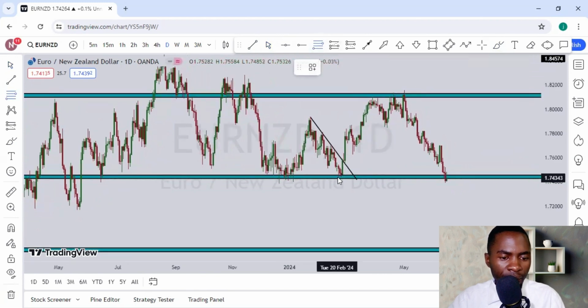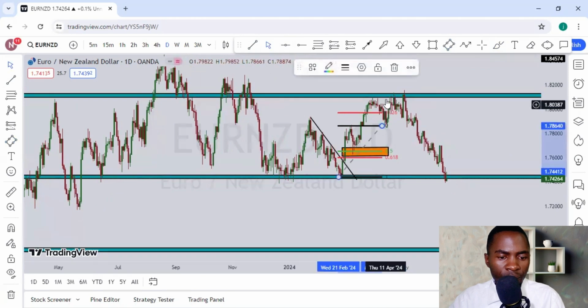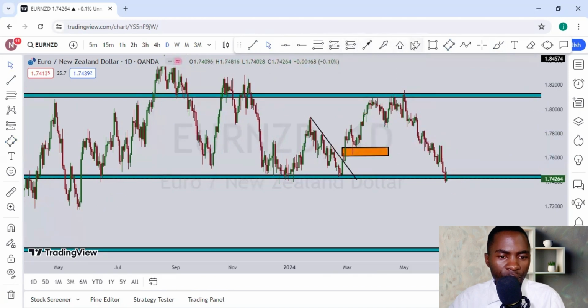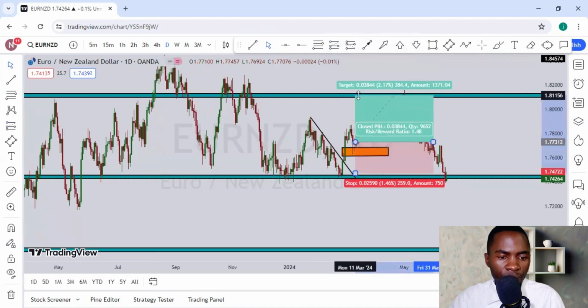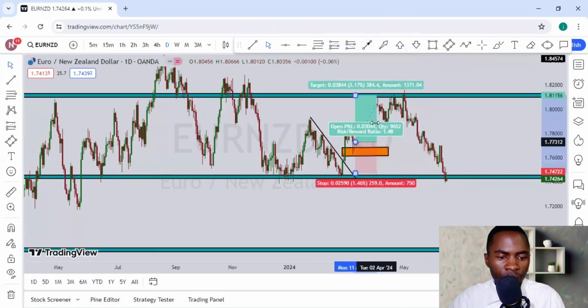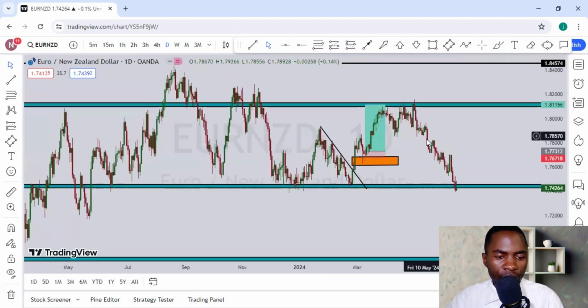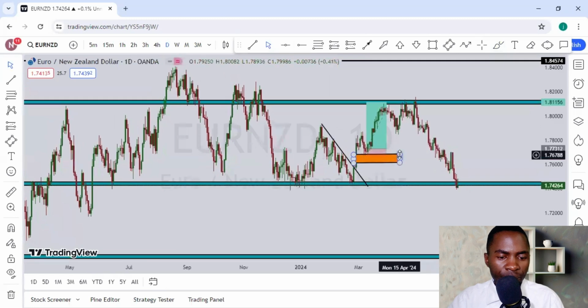How I entered my fib tool around here, how I took this trade from here, from around here to the top. This is a trade that I also took in one of my trader updates. So the market is kind of forming the same setup.